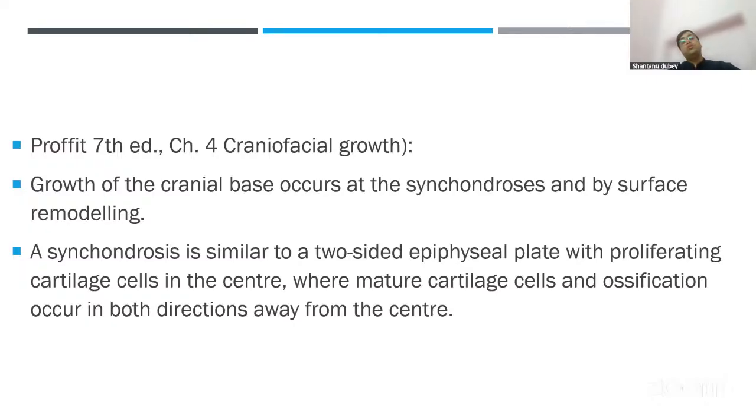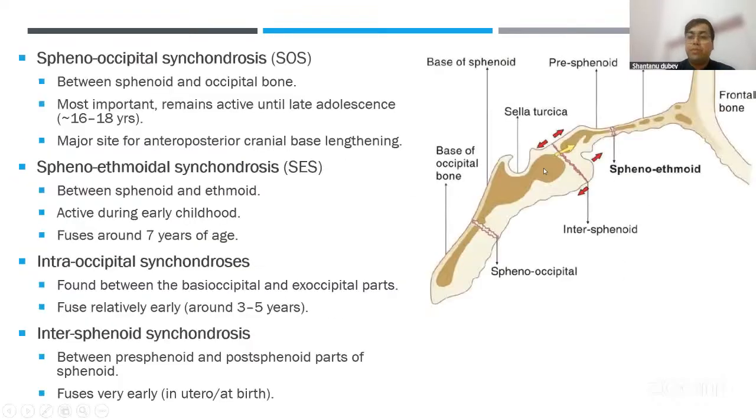A synchondrosis is similar to a two-sided epiphyseal plate with proliferating cartilage cells in the center, and mature cartilage cells and ossification occur in both directions away from the center. So I want you to remember this diagram and these four synchondroses: spheno-occipital, spheno-ethmoidal, intra-occipital, and intersphenoidal.